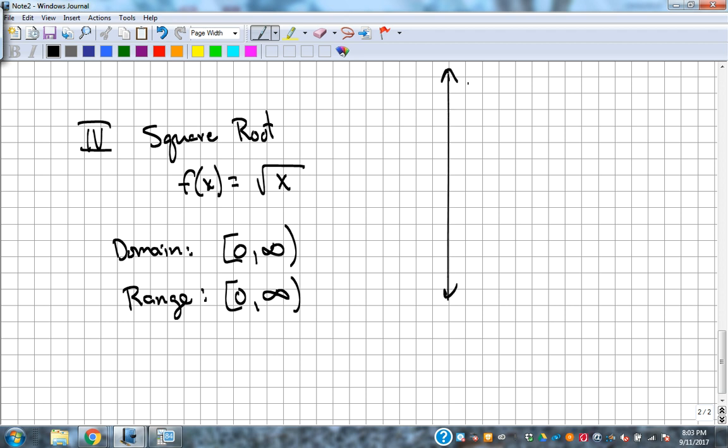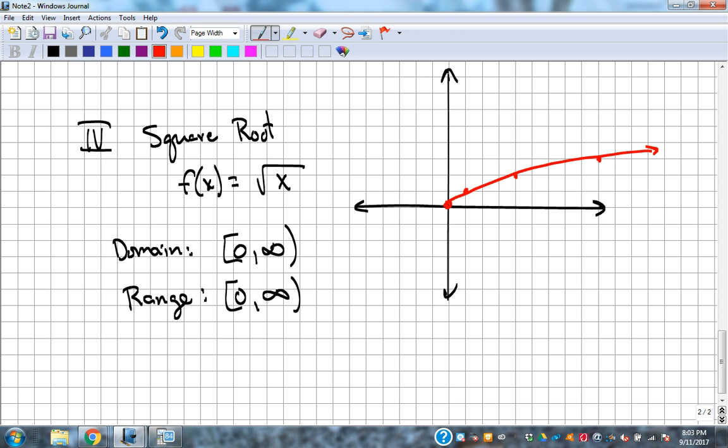All of that shape. It's kind of like taking the squaring function, the second function we talked about, and turning it on its side and just cutting the bottom half off of it.